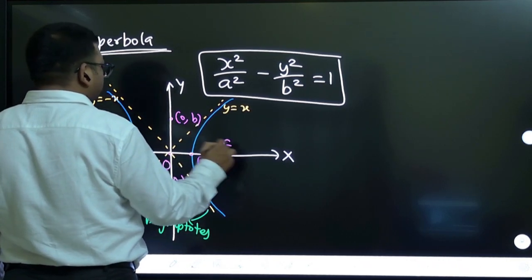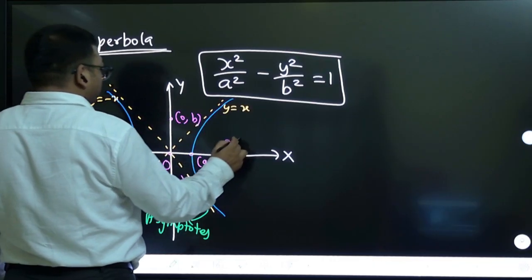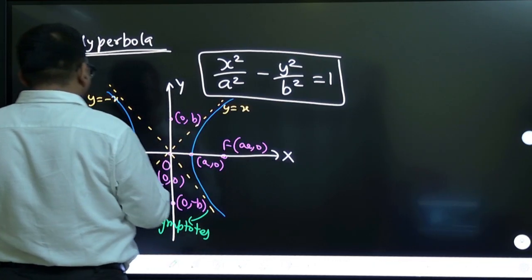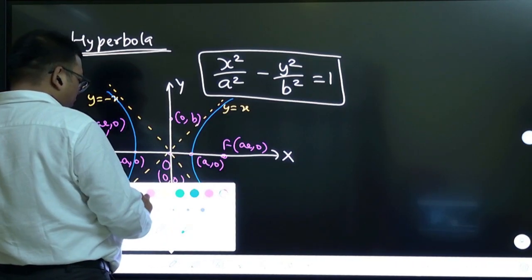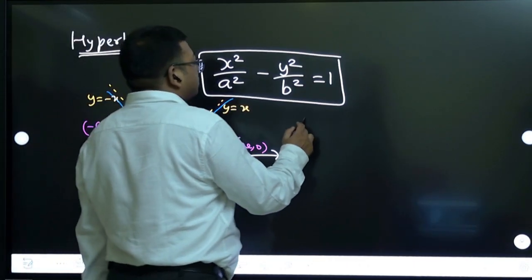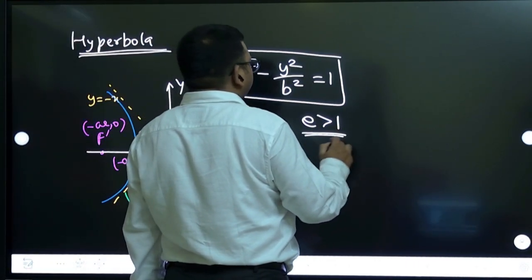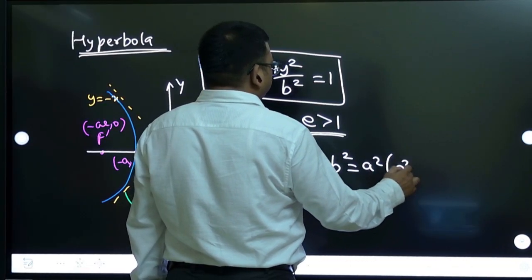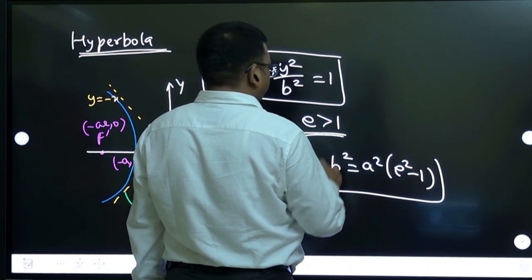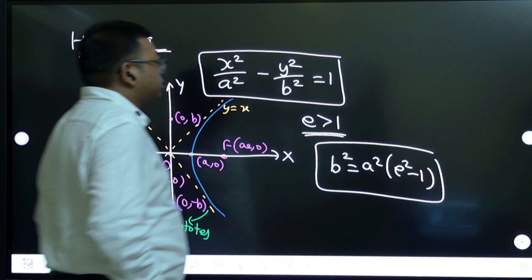So again it has two foci, F and F dash. This is a e comma 0. This is minus a e comma 0. And here you note that e is greater than 1. So b square is equal to a square into e square minus 1. Like this type of equations.